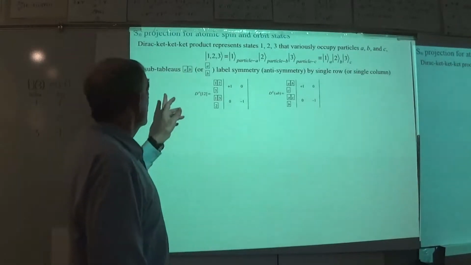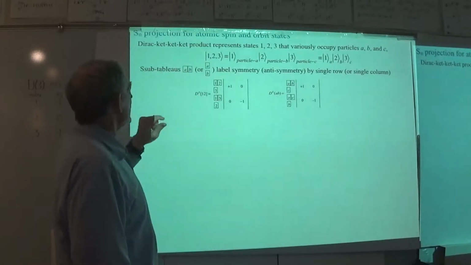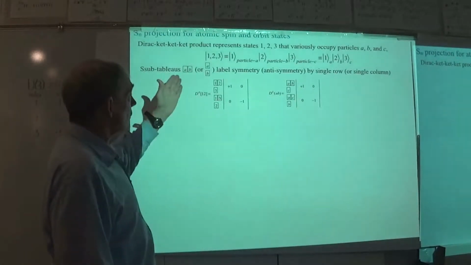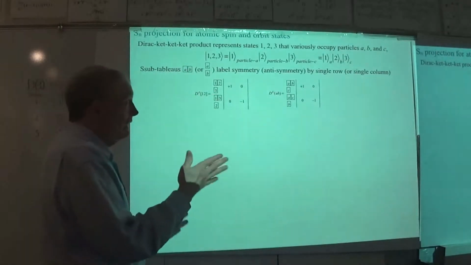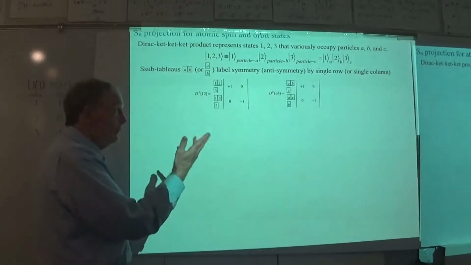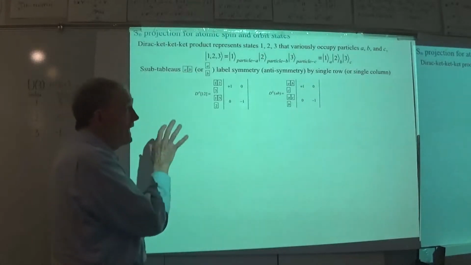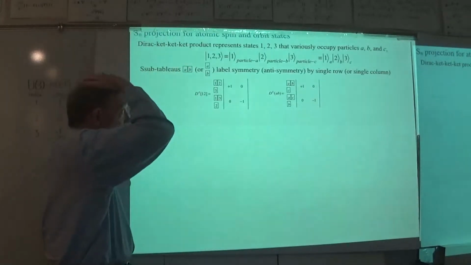Now, if you're just worried about it, say I have a little typo there, I'm just talking about sub-tableaus, the subgroup tableaus. Here we have a group that permutes A, B, and C. That's the D3 or S3 group. Let's go back to the S2 subgroup that just had A and B. The C hadn't come along yet.